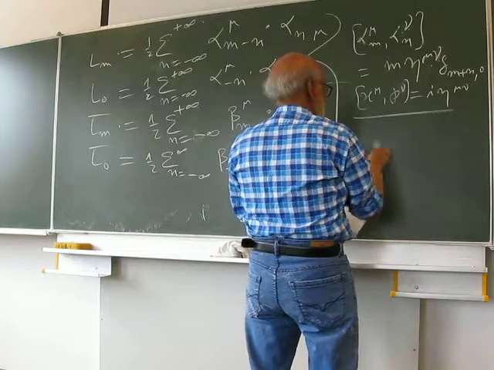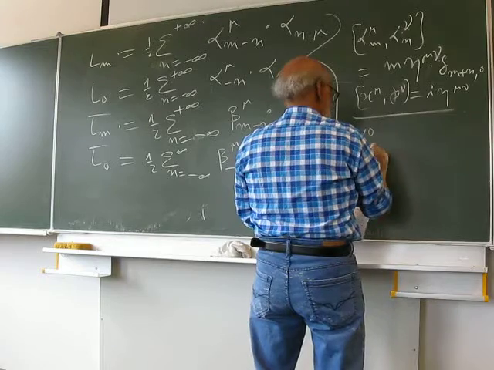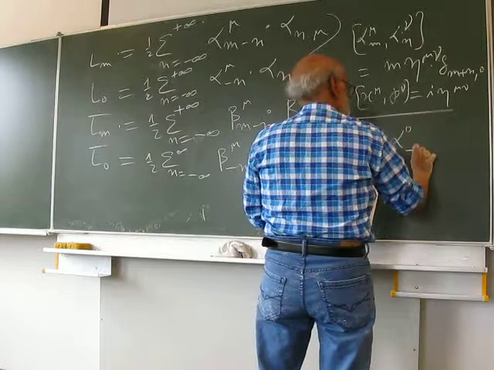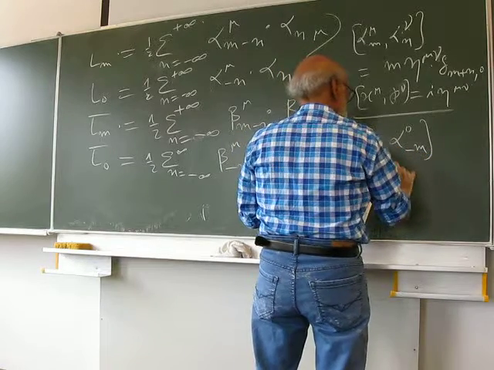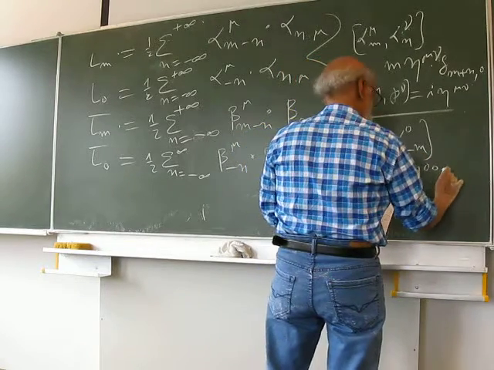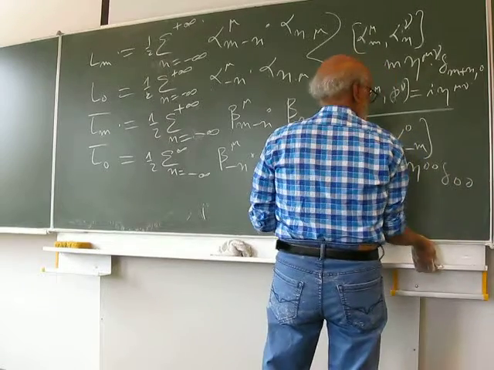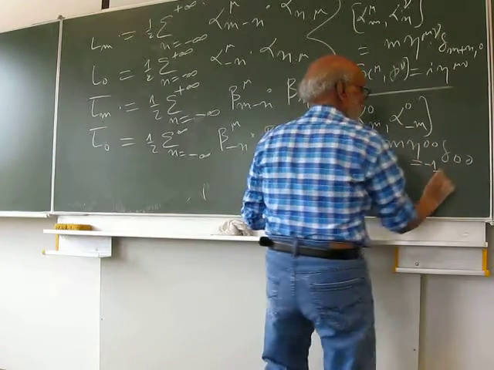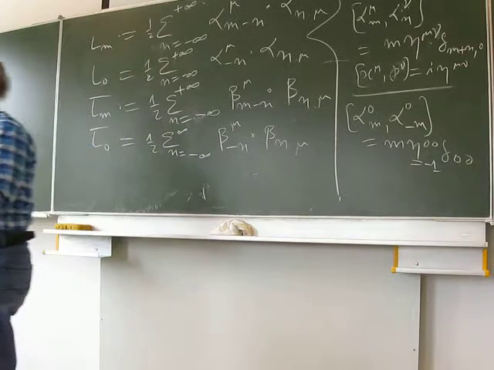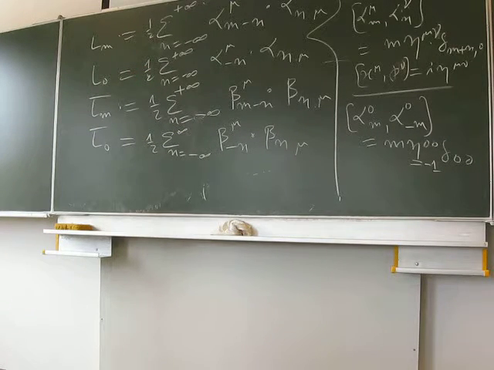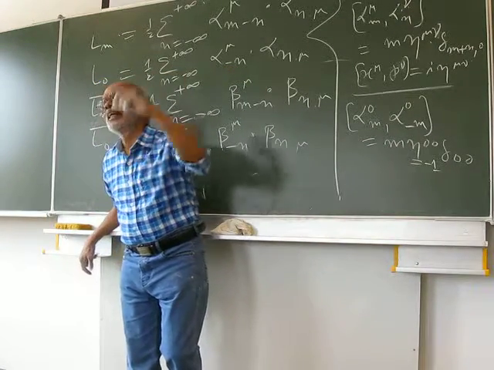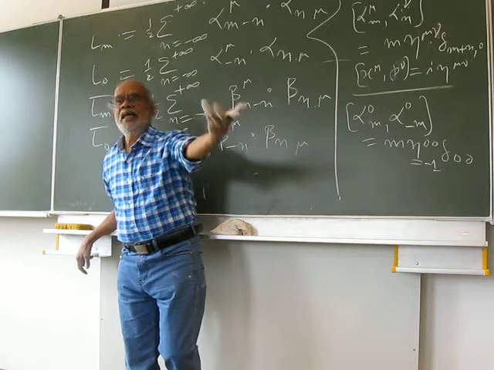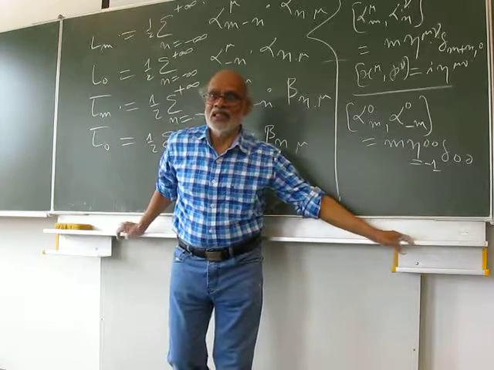So what happens is alpha 0 and alpha 0 minus m, this is equal to m eta 0 0 delta. But now you might recollect that our eta 0 0 is minus 1. So the point is that this would lead to the existence of states with negative norm. And negative norm states are called the ghost states.